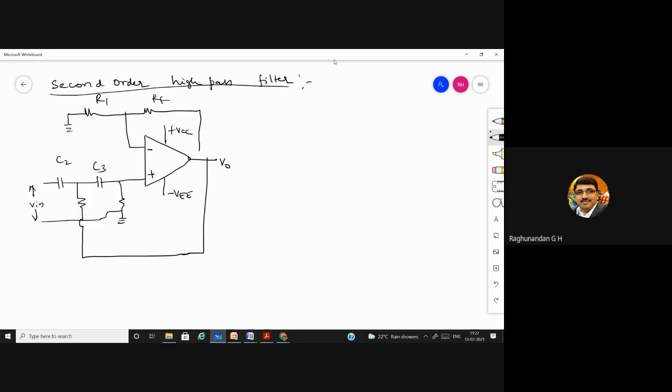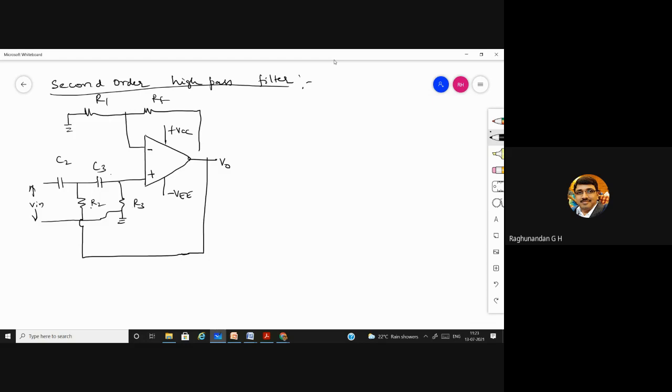You can take it as C2, C3, or you can take it as C1, C2, anything. Why do we take it as C2, C3? Because these are marked as R2, R3. To avoid that confusion, we mark it as C2, C3. If you want, you can mark it as C1, C2 only. You should not think why he has written directly C2 instead of writing C1.